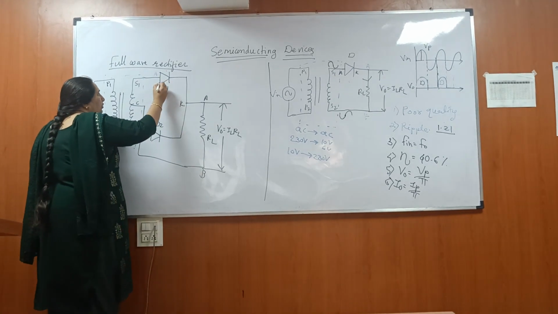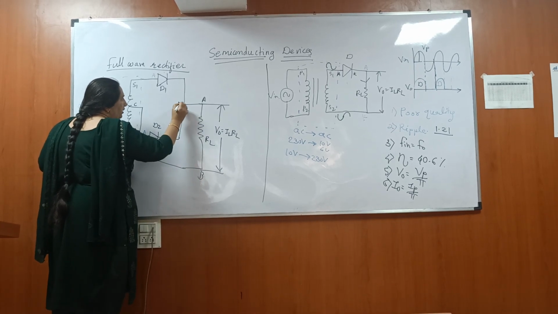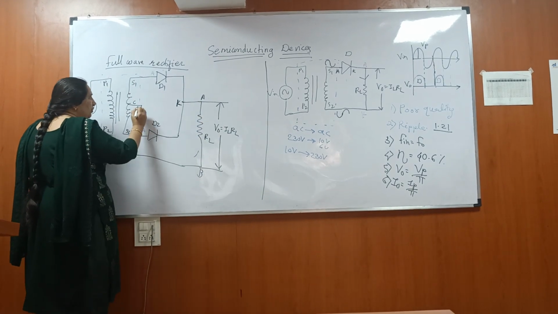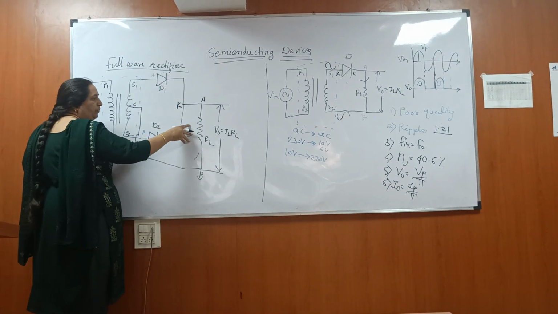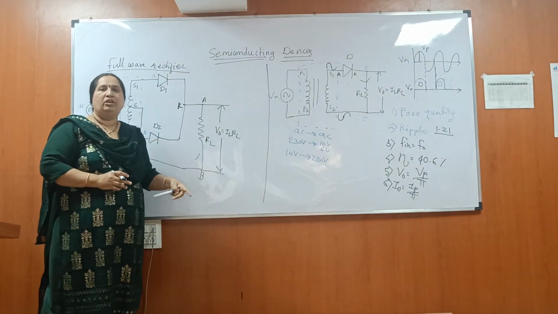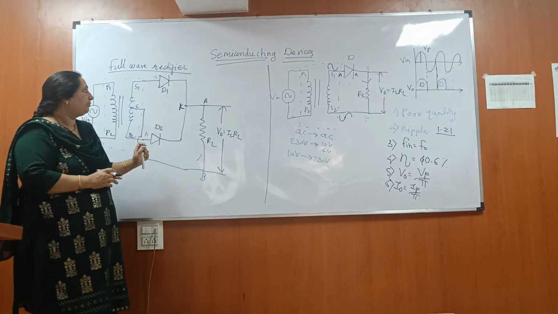Then the cathodes of D1 and D2 are connected together. This common cathode K is connected to the center tap through the load resistance and output is taken across the load resistance. This is the construction of the circuit.